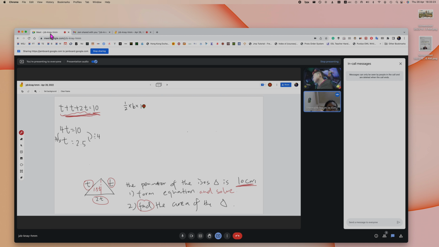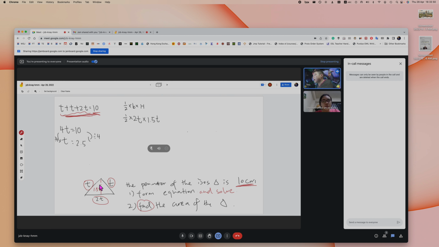Yeah, always start with the formula. Half times base times height. Oh, wait. You don't sub in the t first. You write 2t first, which is the base. That's the base, 2t, right? And then what's the height? 1.5t, right? Yes.